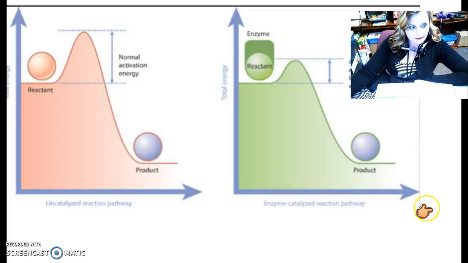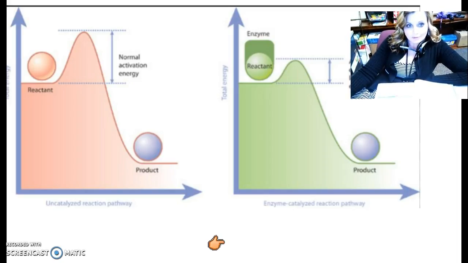Finally, what I want to mention to you is a very important thing called activation energy. Activation energy is something that your body needs to overcome in order to be able to carry out a chemical reaction. Your body's doing tons of chemical reactions all the time.